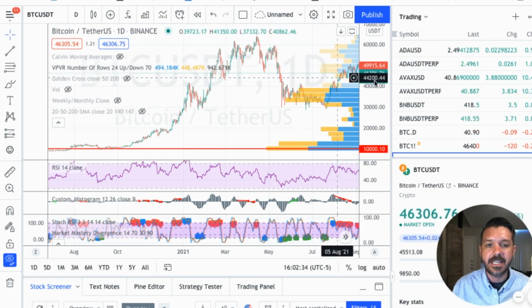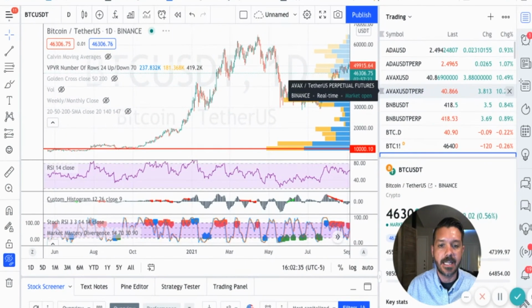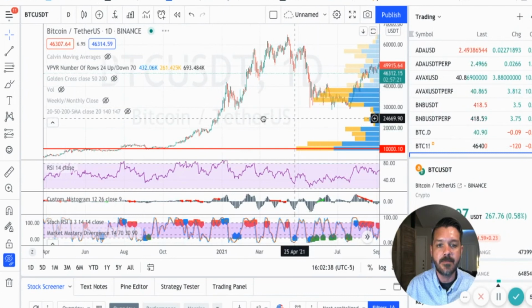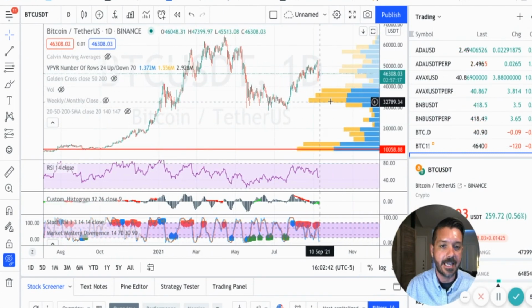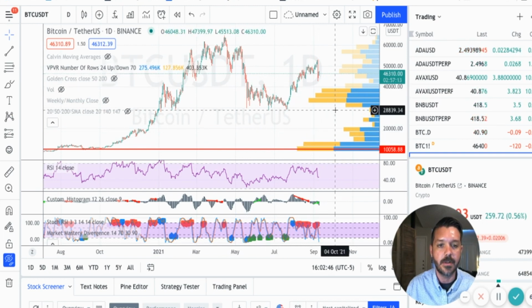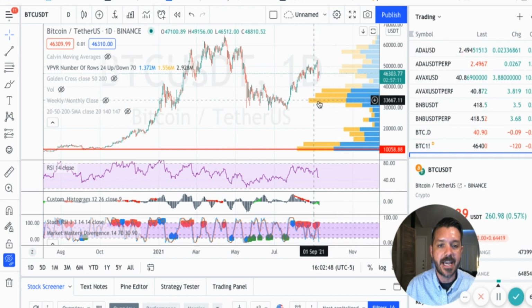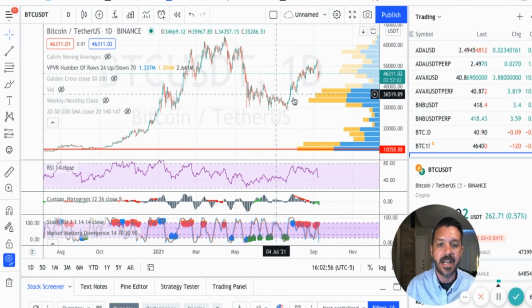So we'll get into the volume indicator for time frame, but this VPVR indicator, which I believe is only available if you have a premium account at TradingView, showcases how many sell orders, which is the yellow, or buy orders, which is the blue, have existed at a particular price point.